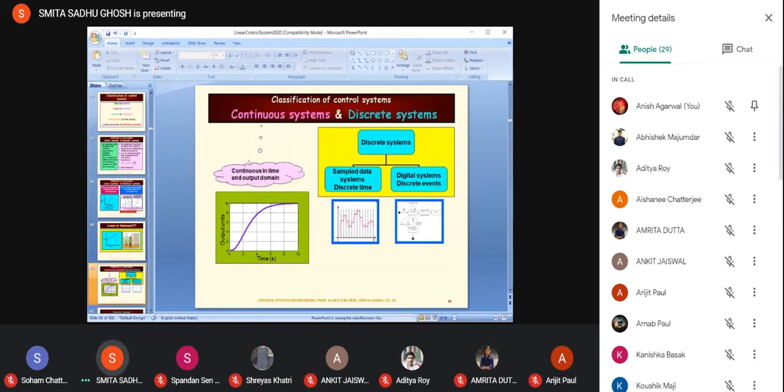So when I say that, let us look at this plot over here, which is shown on the left hand side, where we find that the output is continuous with respect to time, meaning that corresponding to each instant of time, there is an output, right? So here, the time domain is continuous, meaning that I can choose to look at what happens at, say for example, 2 seconds, or for that matter 2.1 seconds, or for that matter 2.1976 seconds. I will get an output value. So the continuity exists in the time domain.